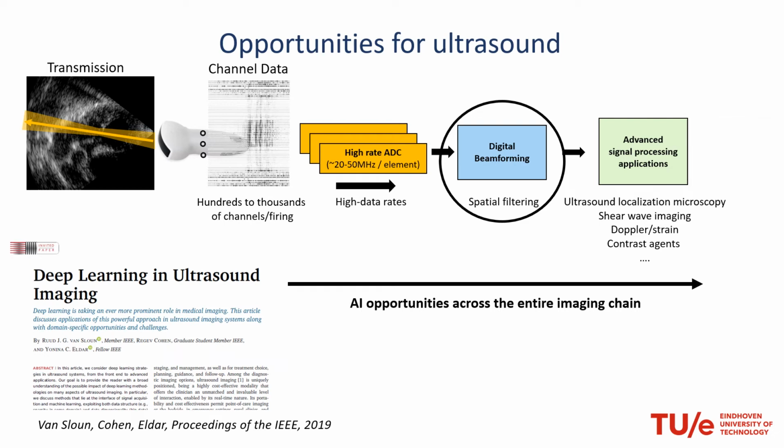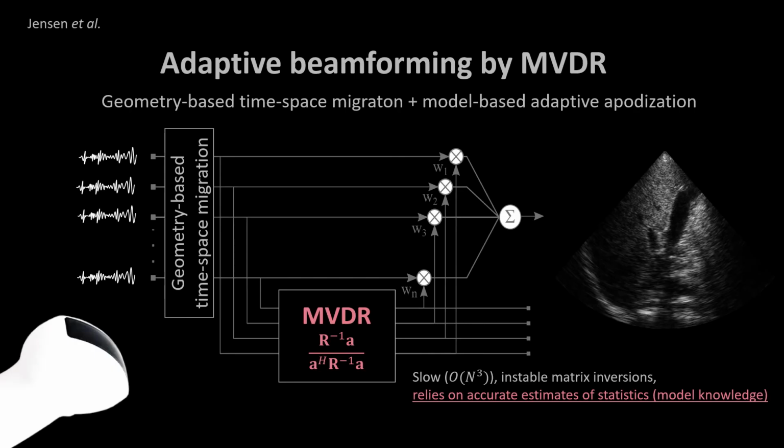Let's start by zooming into some of these examples, and in particular we start with digital beamforming, spatial filtering. So what we see here is an adaptive beamforming scheme, minimum variance distortionless response beamforming scheme.